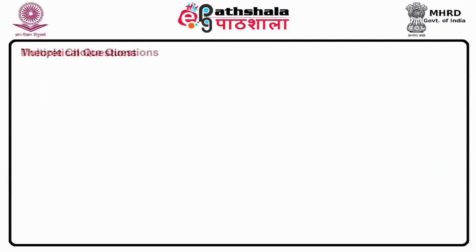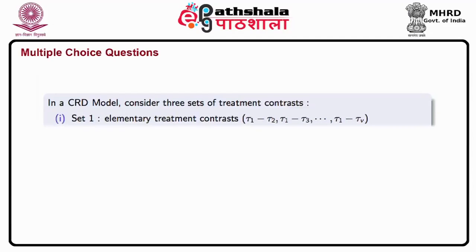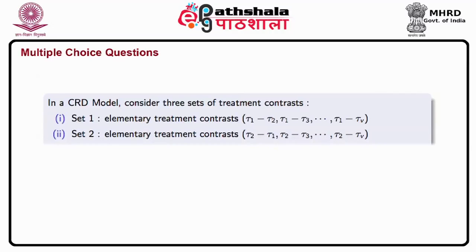So the first question is, in a CRD model, consider 3 sets of treatment contrasts. The first one is set 1, elementary treatment contrasts, that are tau 1 minus tau 2, tau 1 minus tau 3, up to tau 1 minus tau v. The next set is elementary treatment contrasts, tau 2 minus tau 1, tau 2 minus tau 3, up to tau 2 minus tau v.